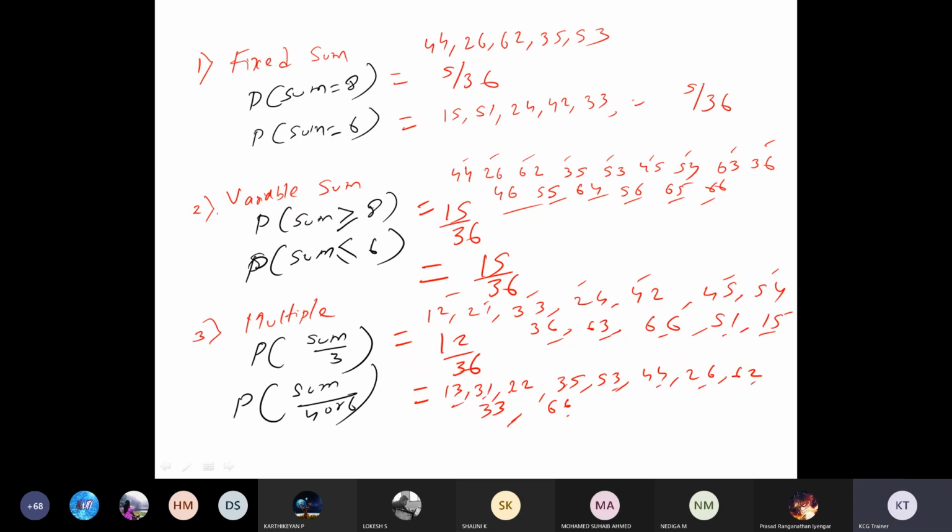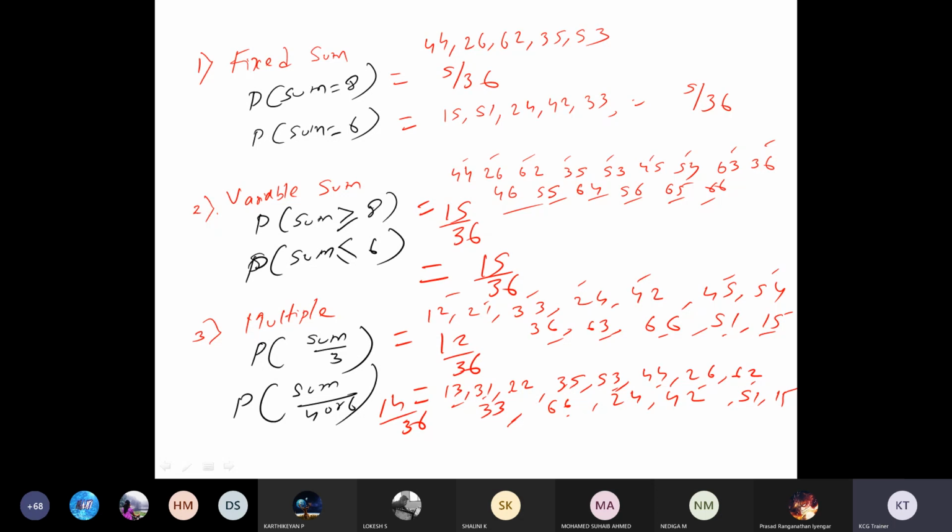Anything else? You have 2,4, 4,2 also, and 5,1, 1,5. Totally 14 by 36. So this takes very long and a lot of time for such types of questions.